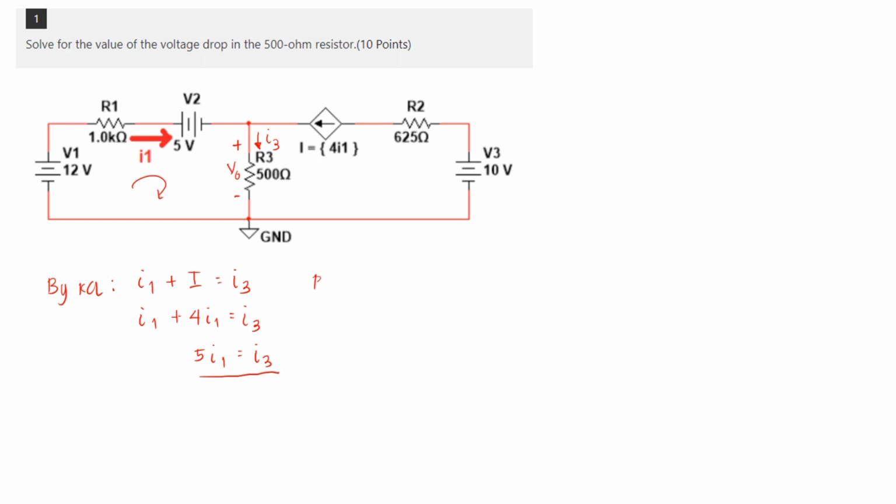Next, we can have a loop here. By KVL, let's start with 12 volts minus 1K multiplied by the current I1, minus 5 volts, minus I3 multiplied by the 500 ohm resistor, and let's equate that to 0.